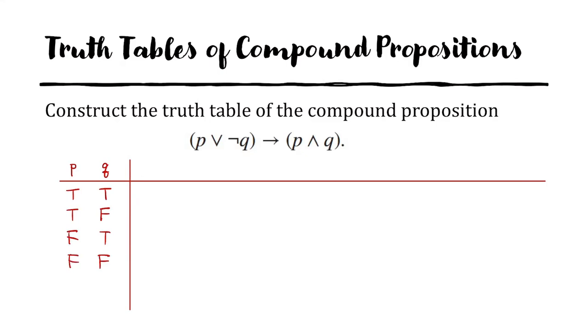So here are all the possible combinations you can have for the two variables: true, true, true, false, false, true, false, false.